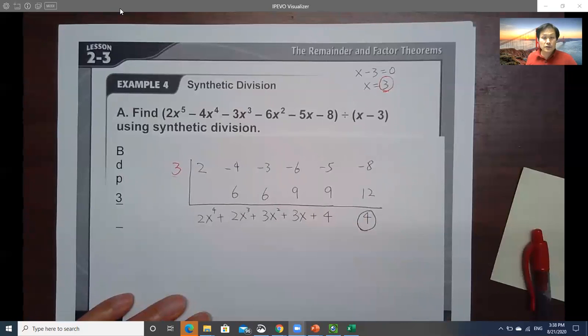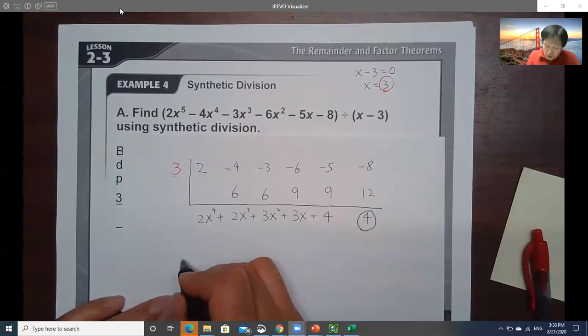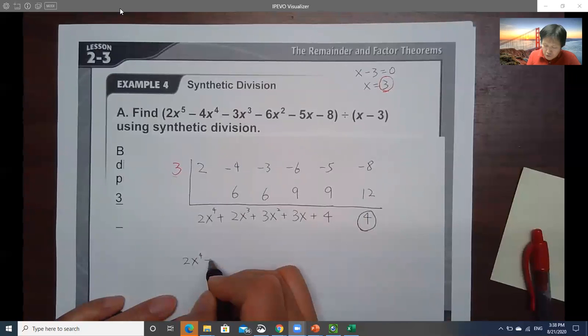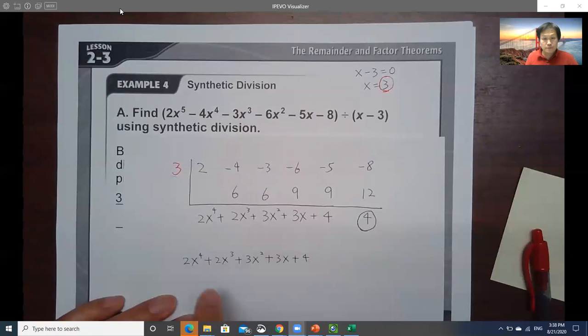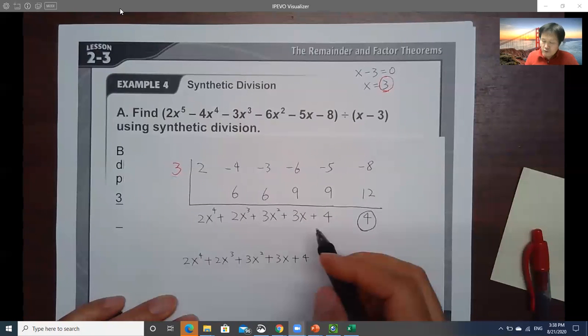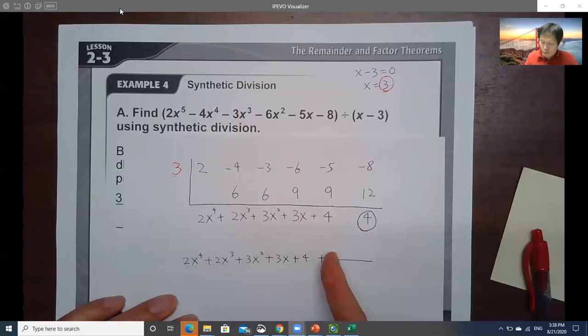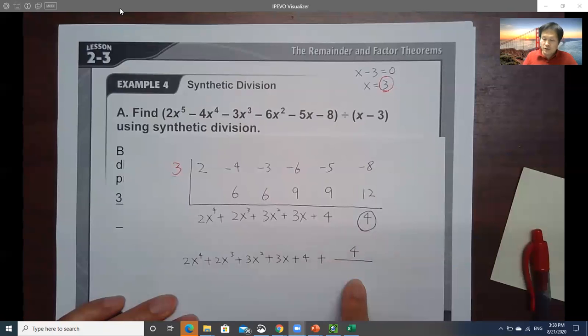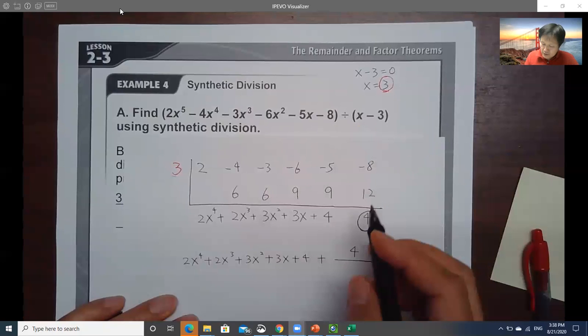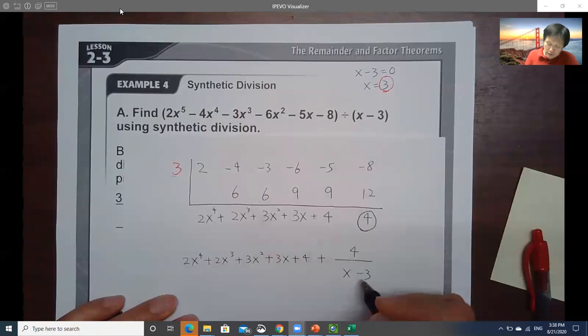So that's the answer. You can do 2x to the fourth plus 2x to the third plus 3x squared plus 3x plus 4. That's the quotient. Plus the remainder, which is 4, over the divisor. The divisor is x minus 3. You're dividing by this, x minus 3. Done.